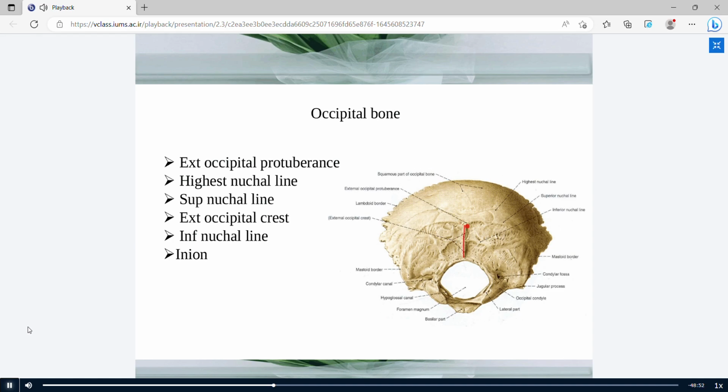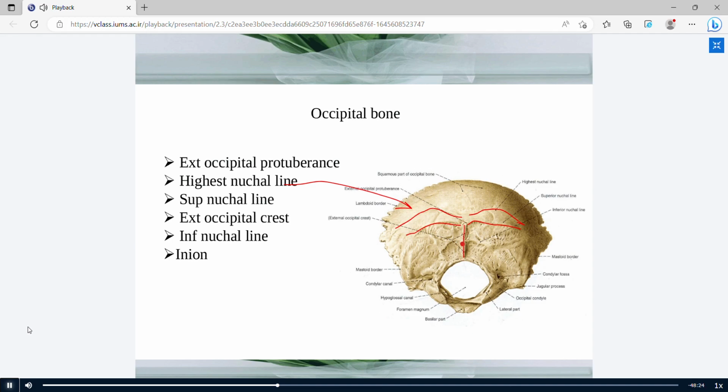Near the initiating point, you can see the superior nuchal line drawn laterally, and superior to the superior nuchal line there is another line called the highest nuchal line. This is the highest nuchal line.